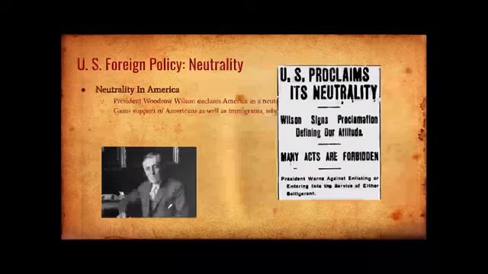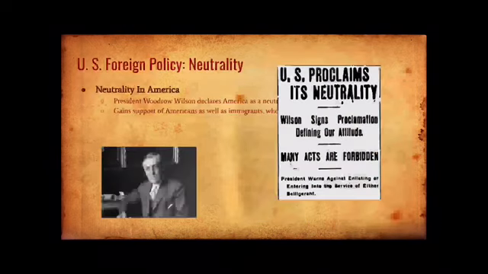To begin in the U.S. foreign policy, we have the Declaration of Neutrality. Not exactly sure why that image is over there, but okay. So neutrality in America started when President Woodrow Wilson declared America as a neutral country in 1914.